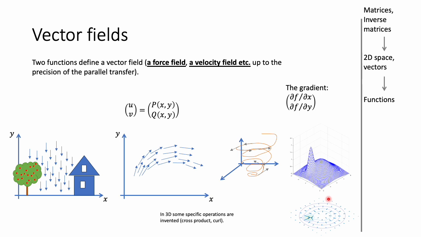But for the Cartesian case, it can be interpreted as a vector field, which is, as I said, composed of the two partial derivatives, and it points to the direction in which the function grows the most rapidly in this point.